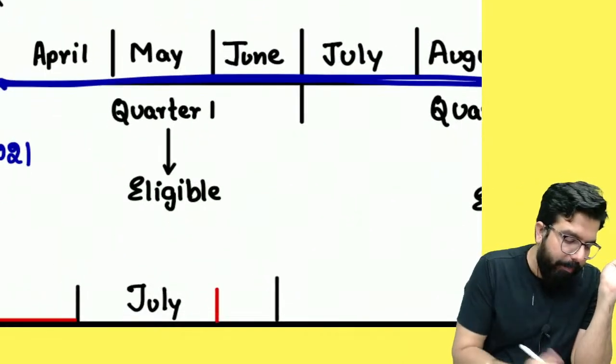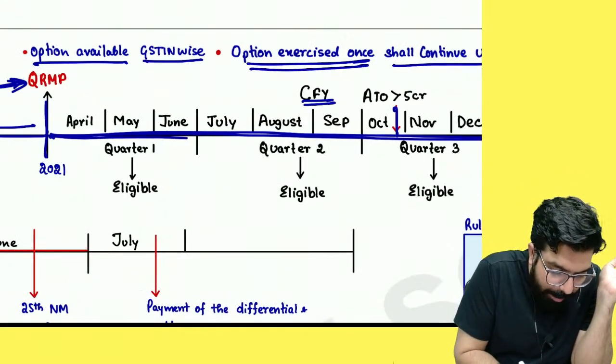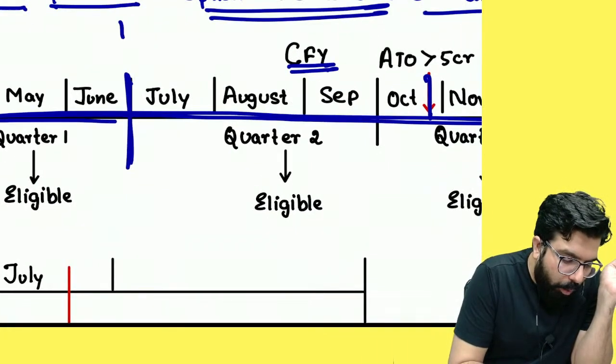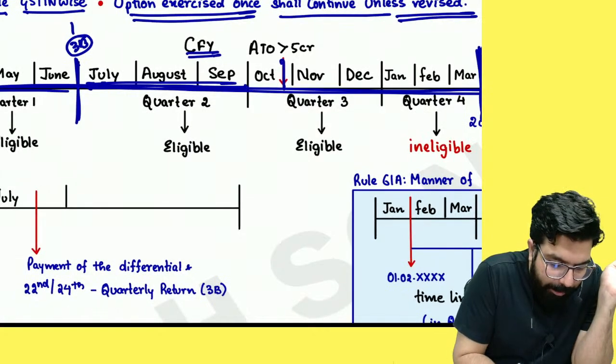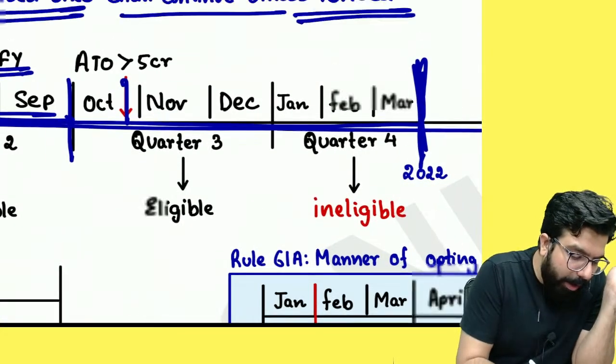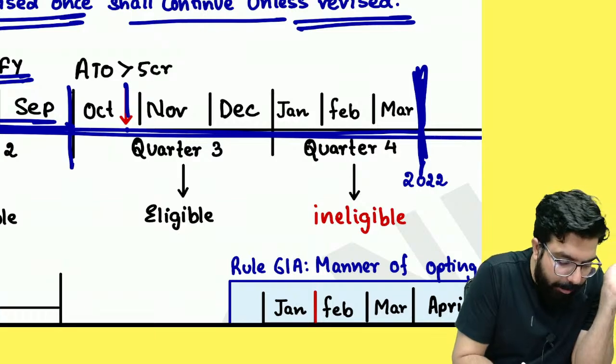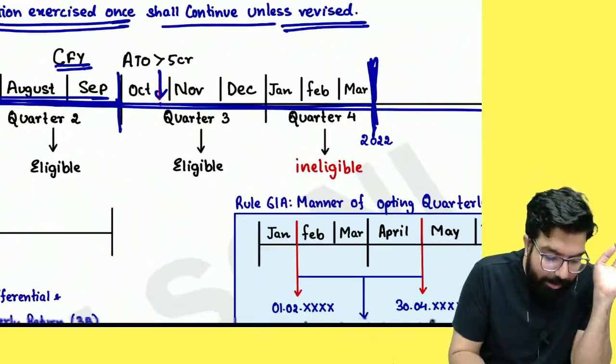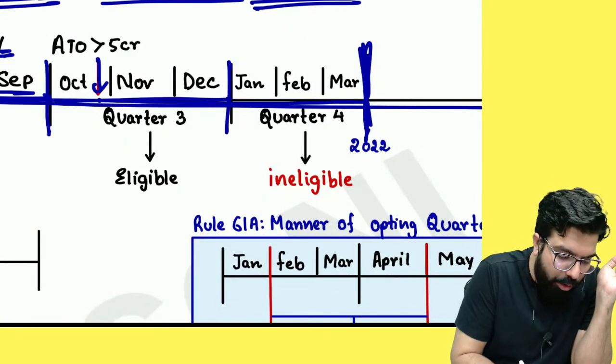Now tell me one thing. For the first quarter, can I be under the QRMP scheme? Yes. How many returns will I file? One GSTR 1 and one GSTR 3B. Can I be under QRMP in the second quarter? Yes. Third quarter, what happened? I crossed my aggregate turnover of 5 crore in the third quarter. Baba, the third quarter also you can be under QRMP.